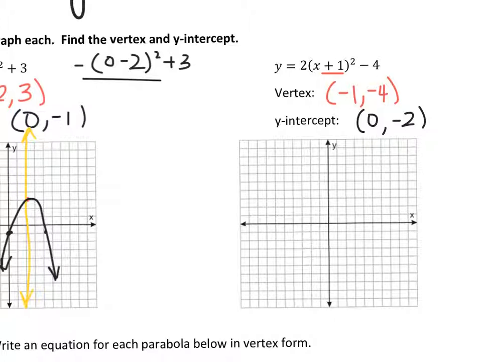So again, to graph, plot the vertex, so go left 1, down 4. So there's your vertex. And then your y-intercept is (0, -2). Now this line of symmetry, called the axis of symmetry, goes through the vertex. So this will help you make your other point, which is right here. And then the parabola opens up, and it's narrower, it's positive, a right there.